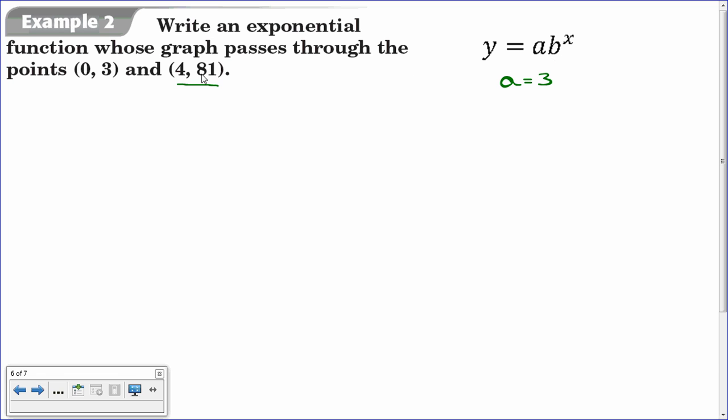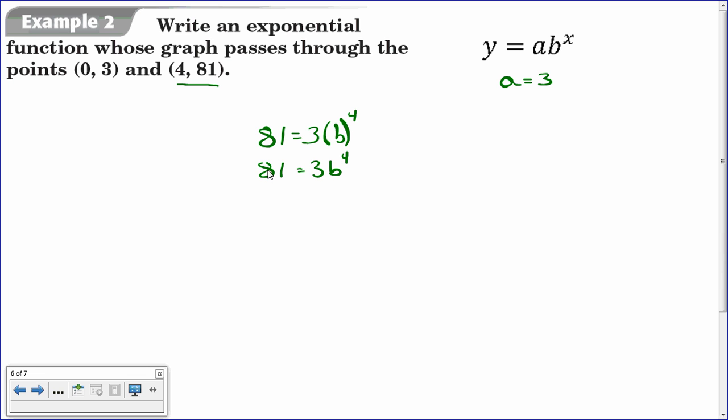So y, which is 81, equals a, which is 3, times b, which I don't know what that is. I'm trying to figure that out, to the 4th power. All right. So what we got here basically is 81 equals 3b to the 4th power.